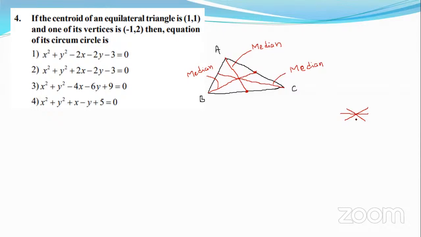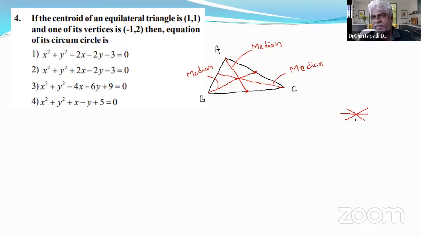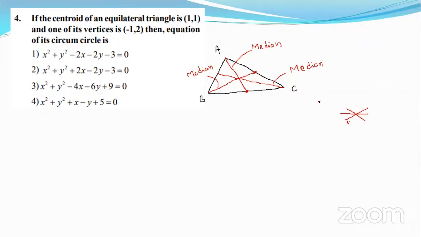Concurrency and intersecting are both the same, but the word intersecting is used for only two lines. For more than two lines, the word is concurrent or concurrency. Concurrency means having a common point. That is the next level of intersecting. Got it?